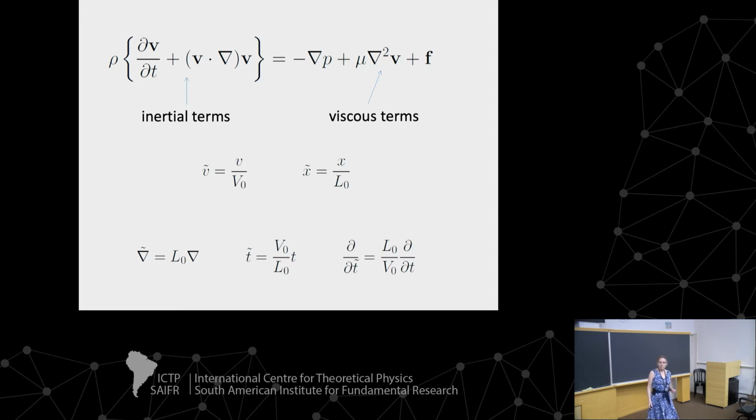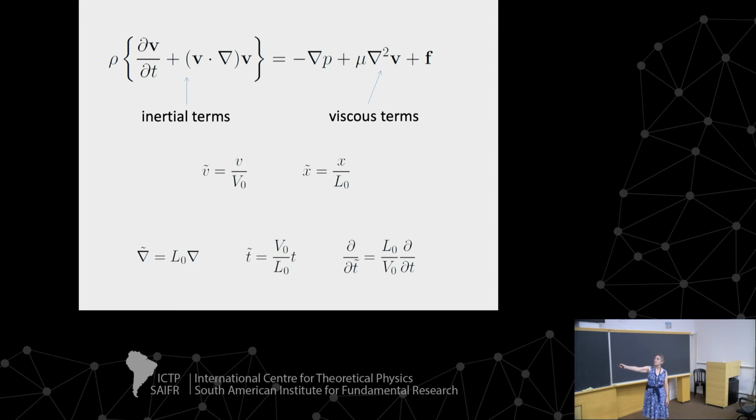Okay, so one important thing about Navier-Stokes is that these terms on this side are called the inertial terms, and those there are the viscous terms. If you're swimming in a swimming pool and you stop moving, because you've got momentum, you will keep going.